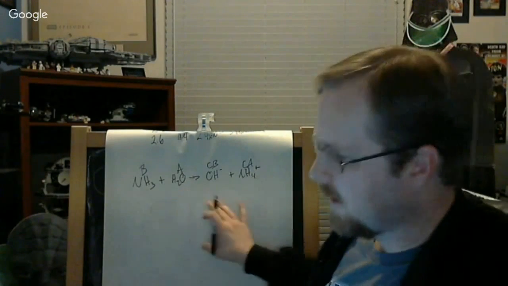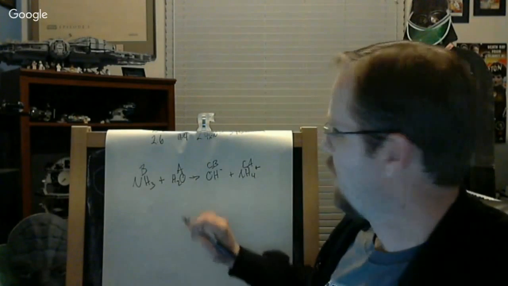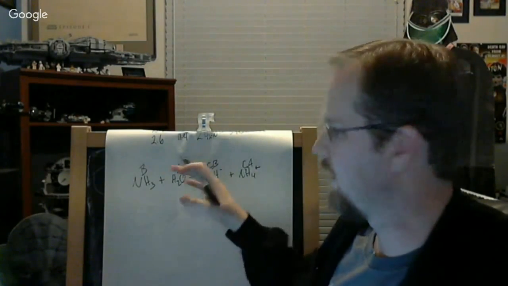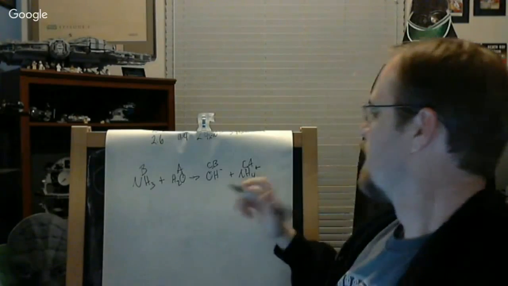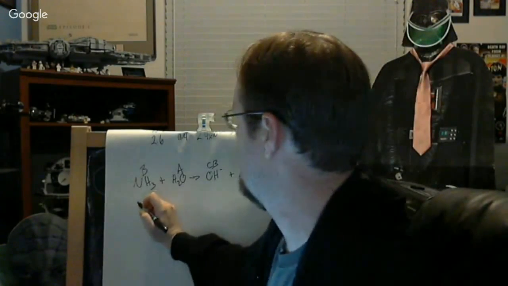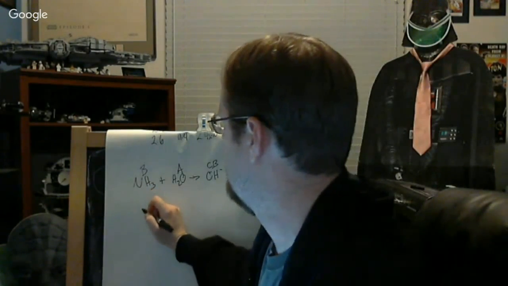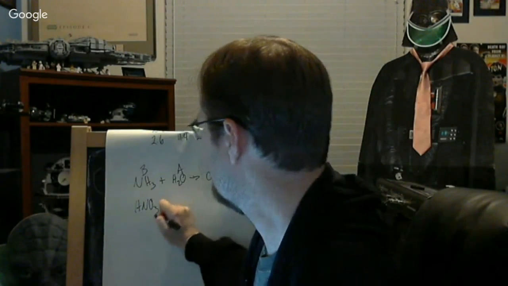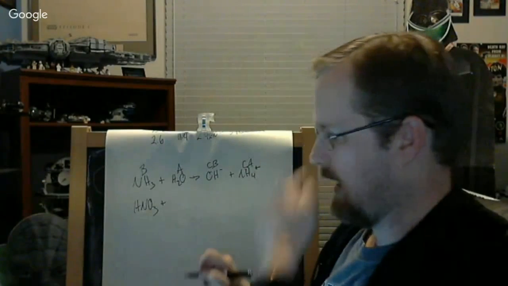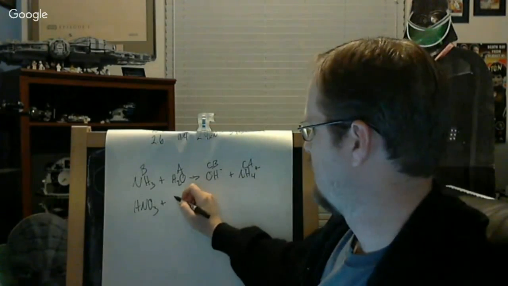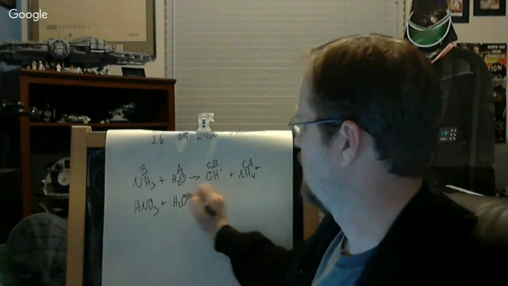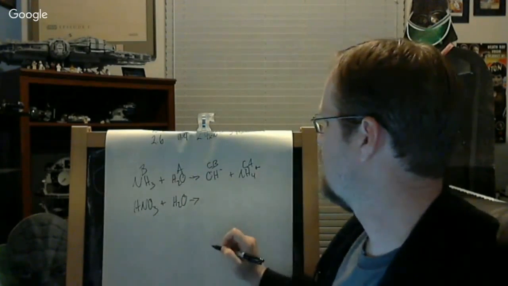All right, so let me give you another example here, and then I'll explain in more detail what exactly the conjugate acid and conjugate base and all that good stuff is. Okay, so this time, let's say we have HNO3 and, sure, for grins, let's do another H2O.